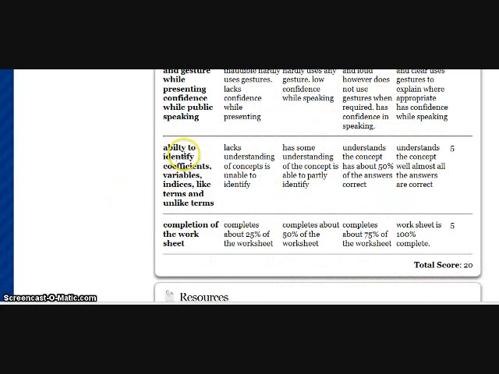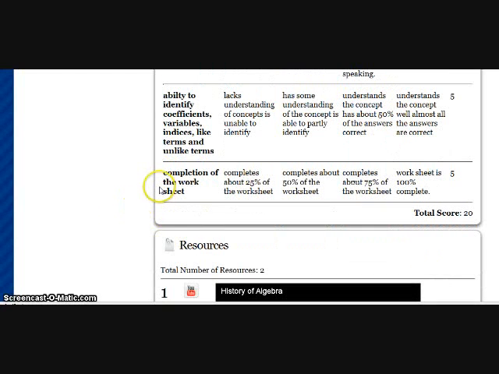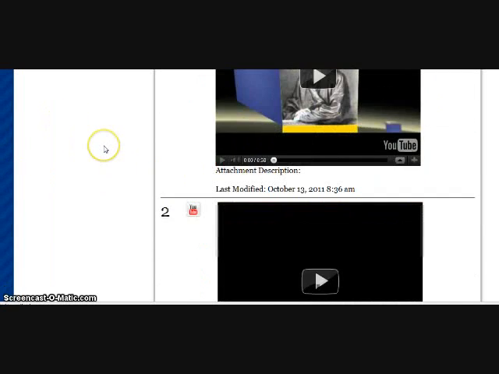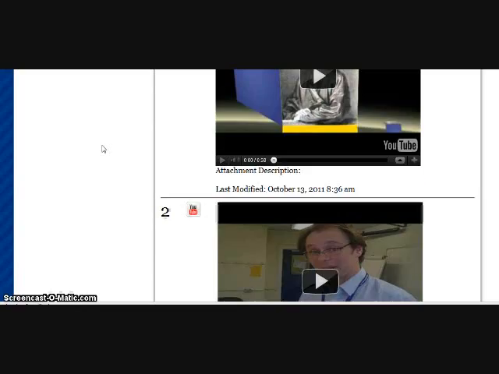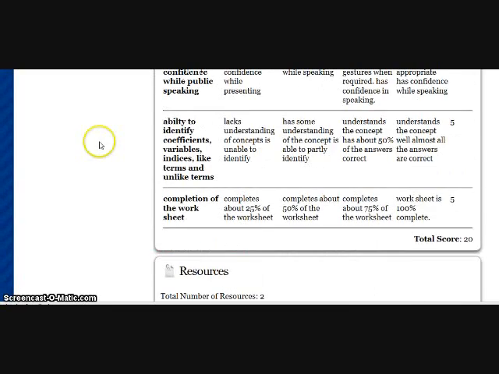They must have developed the ability to identify coefficients, variables, indices, like terms and unlike terms. And they must be able to complete the worksheet by the end of the class and hand it over to the teacher. At the bottom, I have again provided some extension resources that the students can view later.